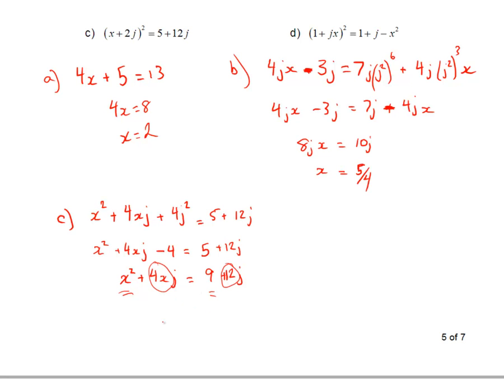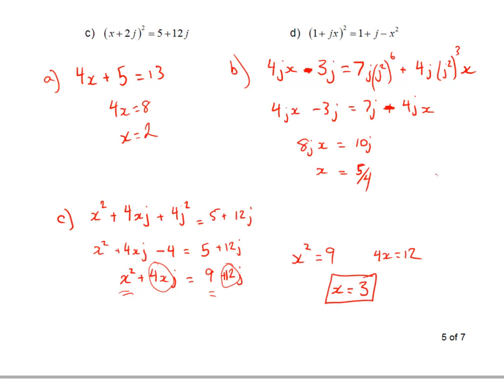So we get two equations. x squared must equal 9 for this to be true, and 4x must equal 12, because the real number parts and the complex or imaginary parts must be equal. That tells me x has to be equal to 3. Plus or minus 3 for the first equation, but for the second equation, only 3 works, so the final answer is simply x equal to 3.